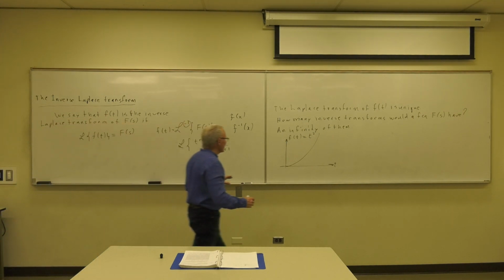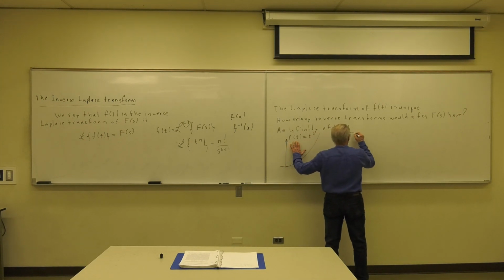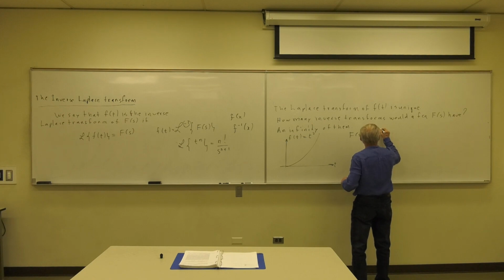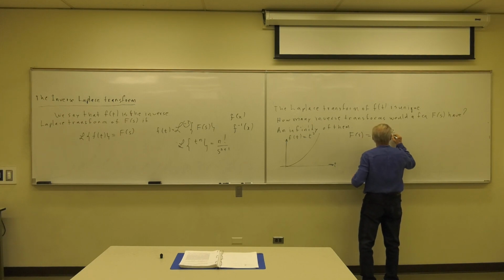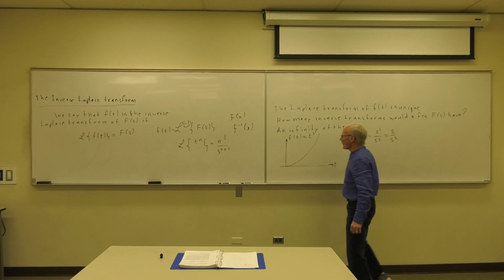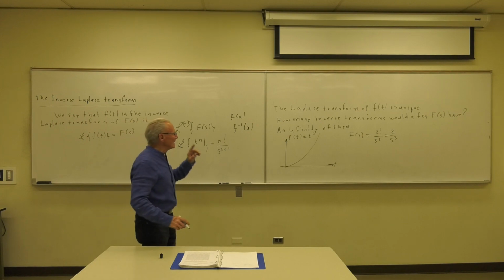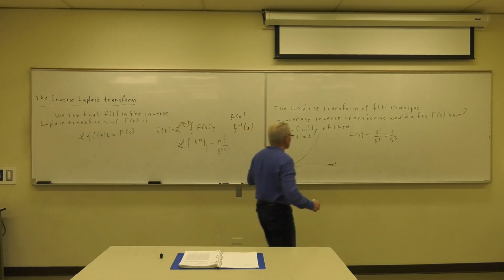So therefore, the Laplace transform of this guy is 2 factorial over s cubed, 2 over s cubed. All right? That's his transform.